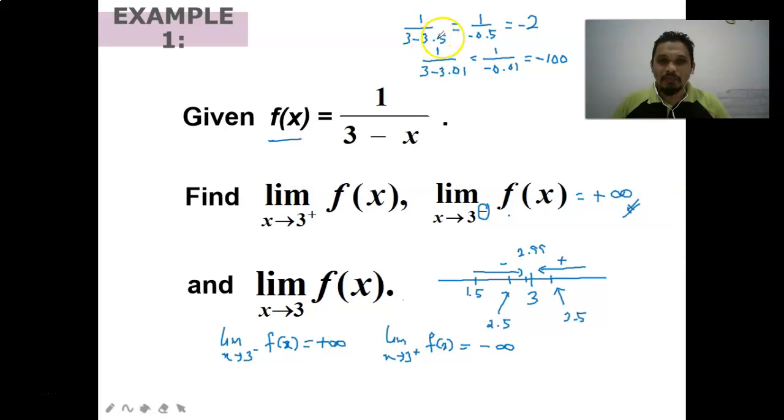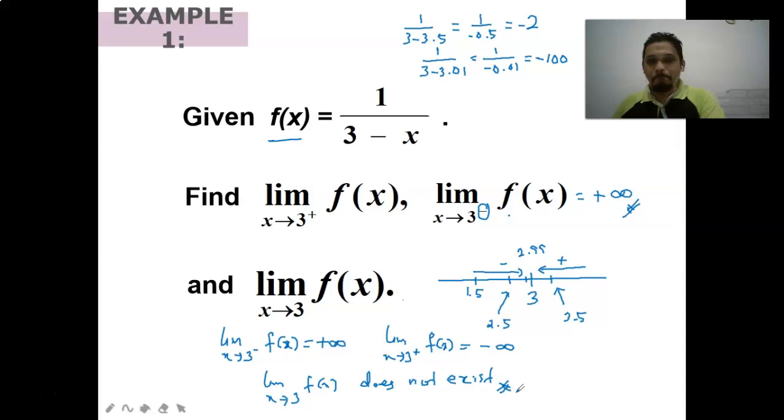When x is 3.5, it gives negative 2, and when it's getting closer to 3, 3 minus 3.01 gives you negative 100. So what is the conclusion? The limit as x approaches 3 of the function f(x) does not exist.